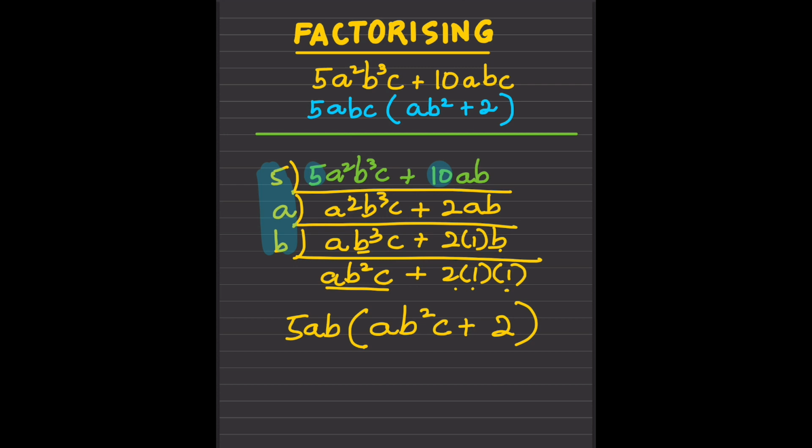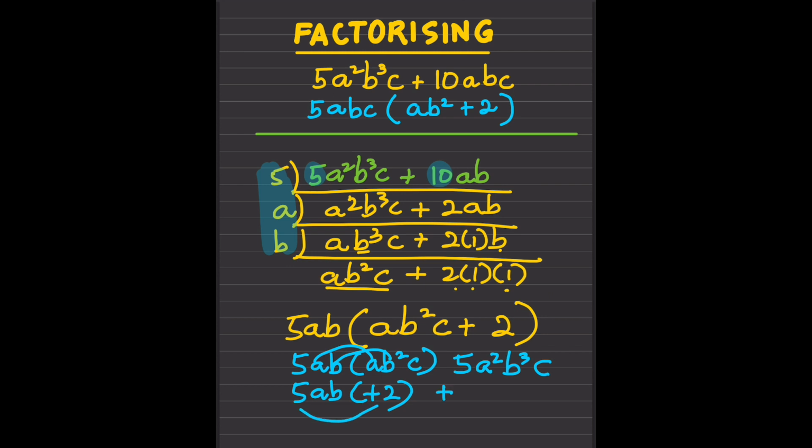Okay? Now, how do we know it's correct? Again, to figure out if you did the correct thing, you need to expand. Okay? So this becomes 5ab times ab squared c and 5ab times positive 2. So this becomes 5a squared b to the third c, and this is positive 10ab.